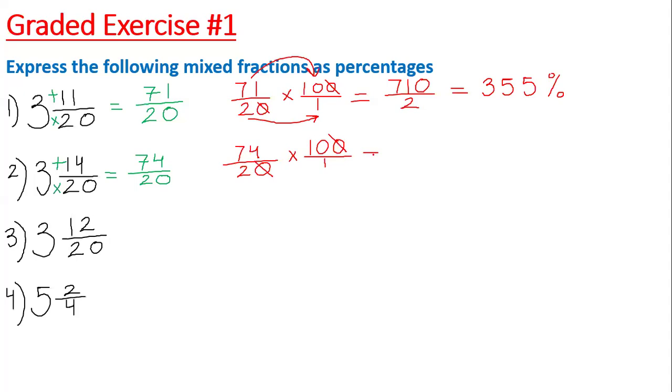We are left with what? 74 times 10, which is what? 740. We say 2 times 1, which is what? 2. Very good. And what is 740 divided by 2? What would that be? 370%. Very good.